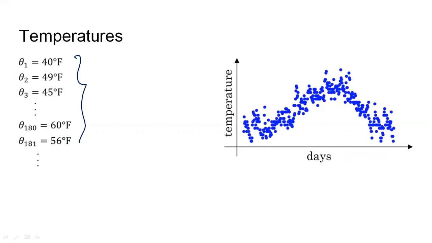The theta values represent the temperature on a particular day of the year. So this is the starting of the year, 1st January, so it is theta 1. Then theta 2, theta 3, that goes on till theta 181, and so on. It would go up to theta 365 also, which would have a temperature of approximately, say, 41 degrees Fahrenheit.